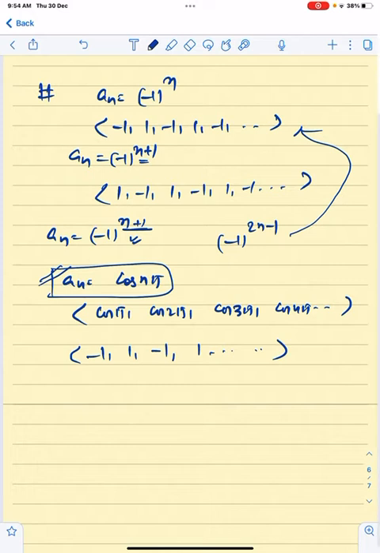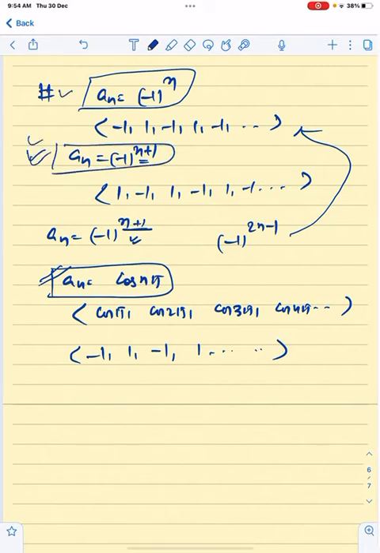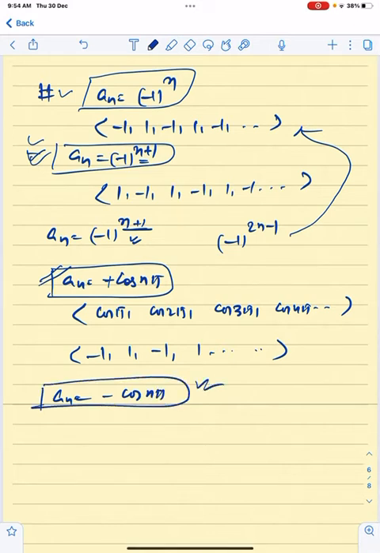So this also brings the alternation in the signs. So whichever way you write, this is also a right way to write the sequence that is given in the question. And if I write this as an equals minus cos n pi, then this will also work. So both will be correct, right?